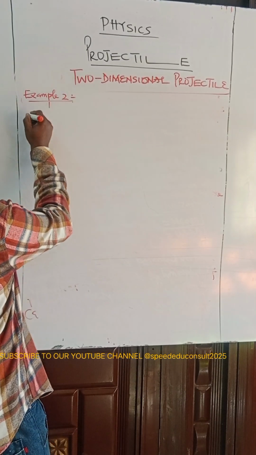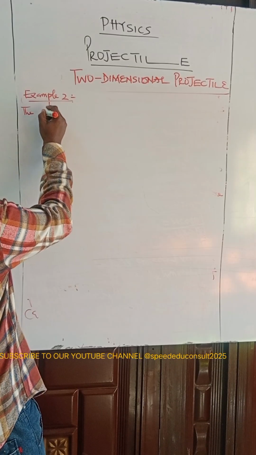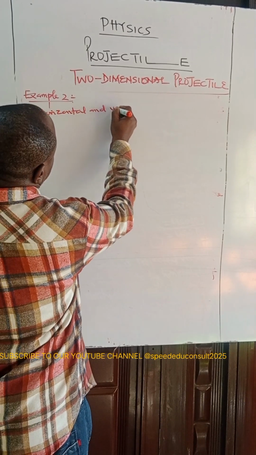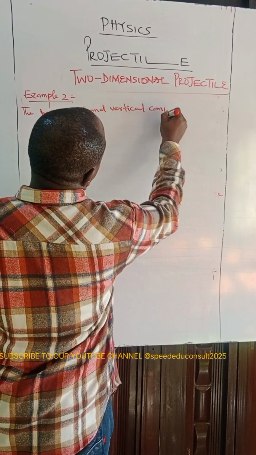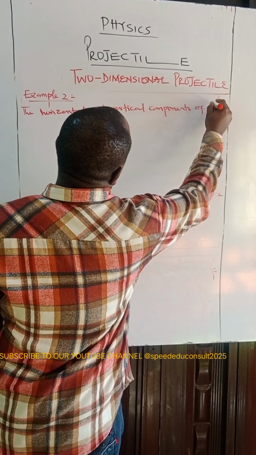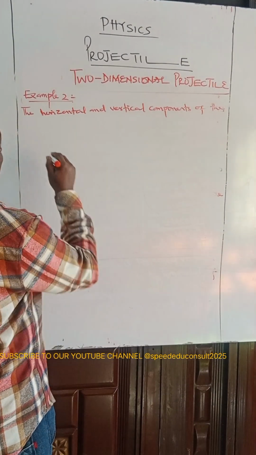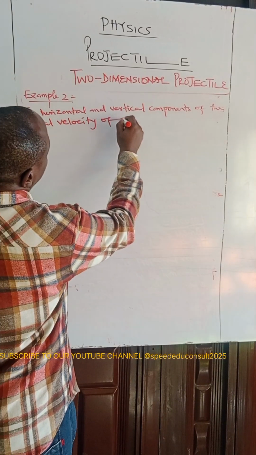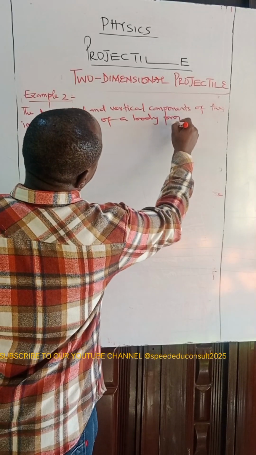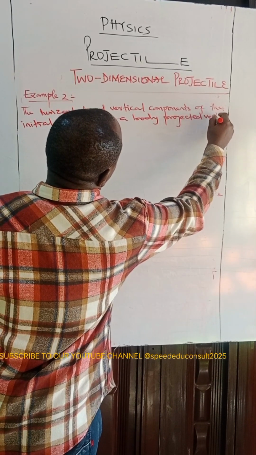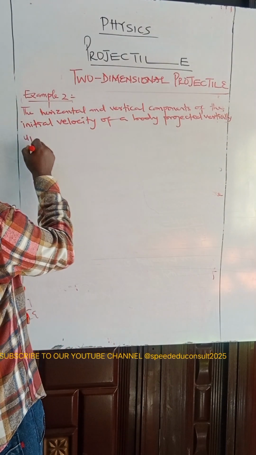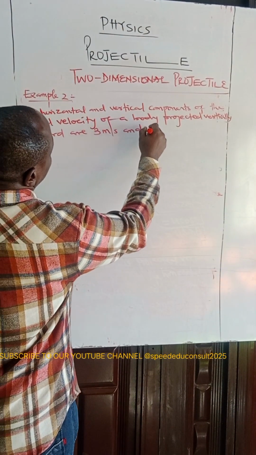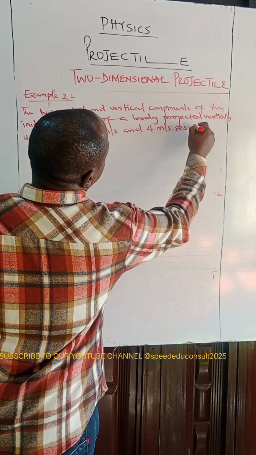Example 2. The horizontal and vertical components of the initial velocity of a body projected vertically upward are 3 meter per second and 4 meter per second respectively.